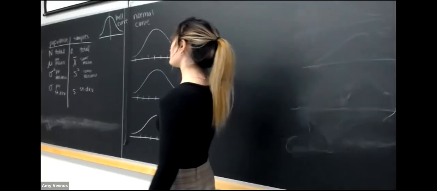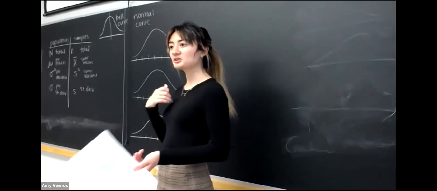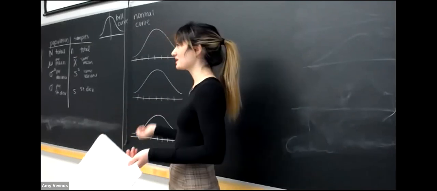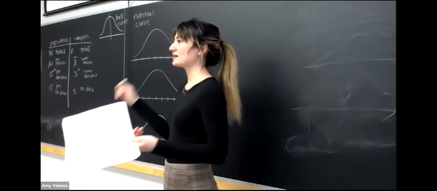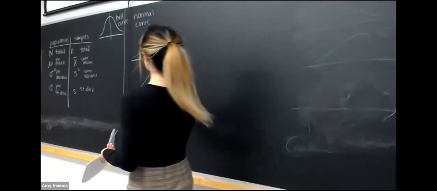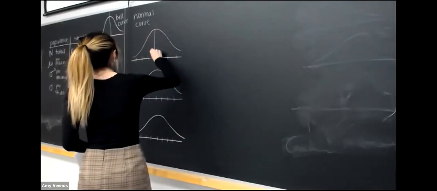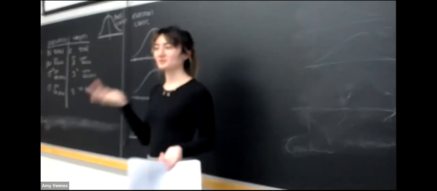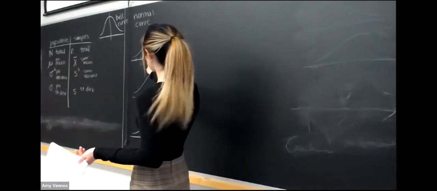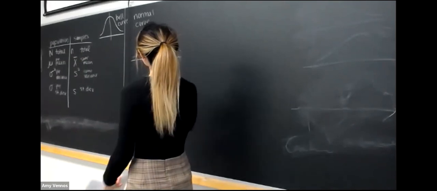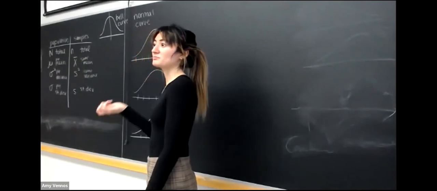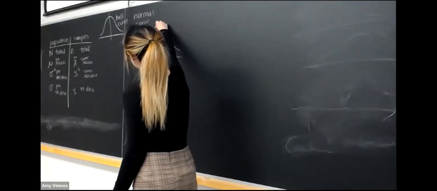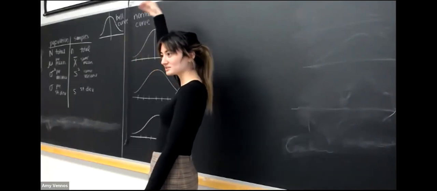Special thing about the normal curve is that it's symmetric, and we talked about how symmetric graphs have the mean, median, and mode right in the middle, okay? Well, it makes sense that the median is in the middle because it's the same on the left as the right, so this is definitely the middle. The mode is the thing that happens the most, so of course the mode's gotta be up here, where it's the tallest.